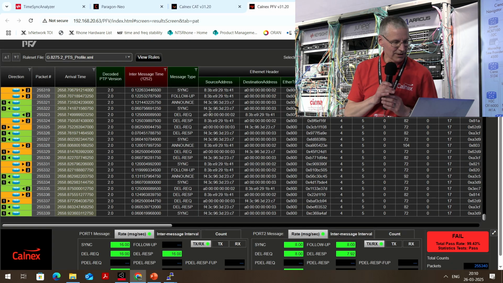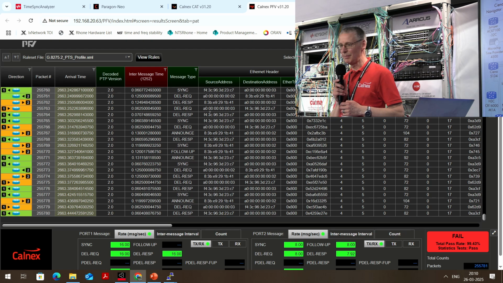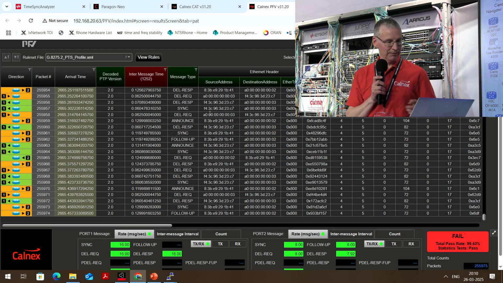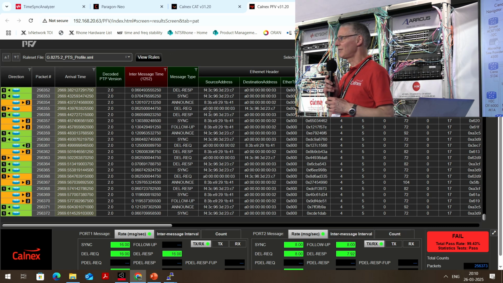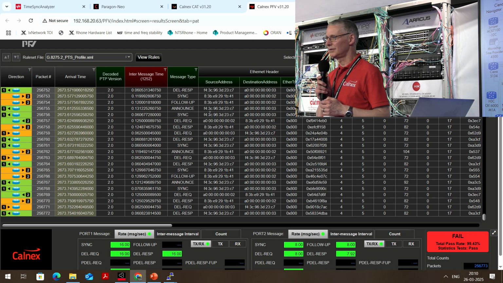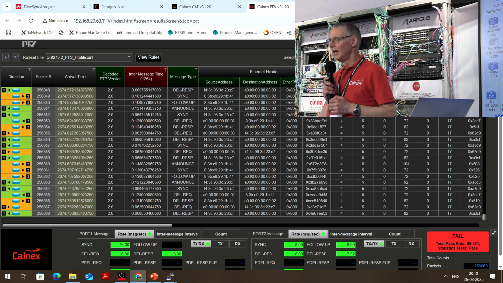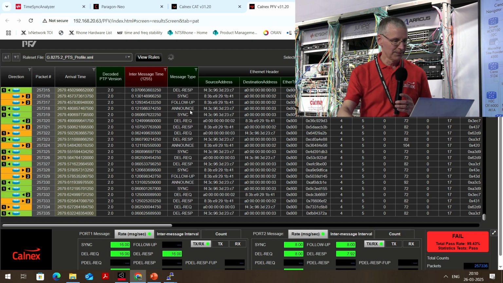And we can have a look at the packet analyzer tool on the timing equipment. You can see, apart from the inter-message timing, everything else is coming up with green flags. The interworking and the protocols are working well on both devices. So I think we can say, yep, the timing's working well.